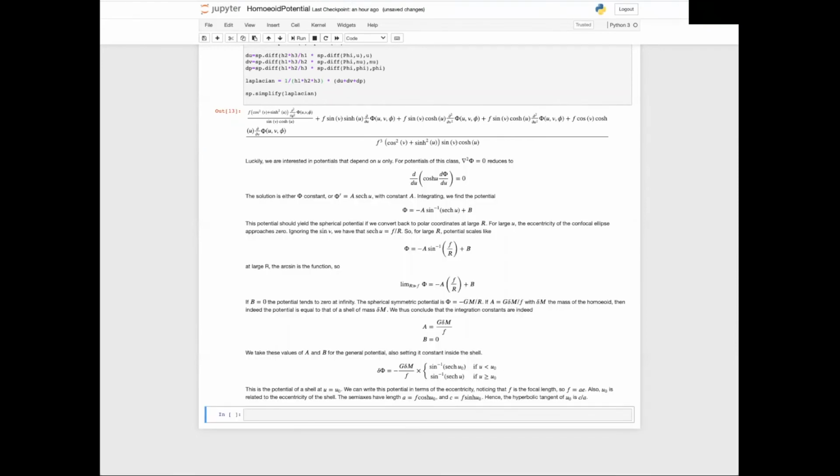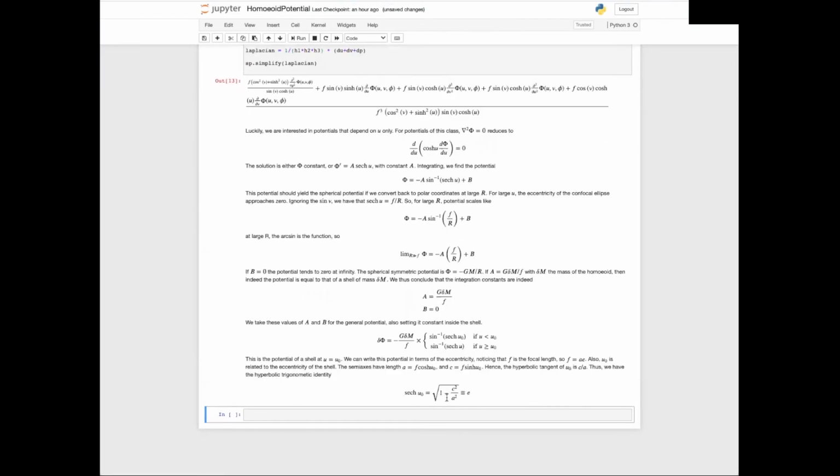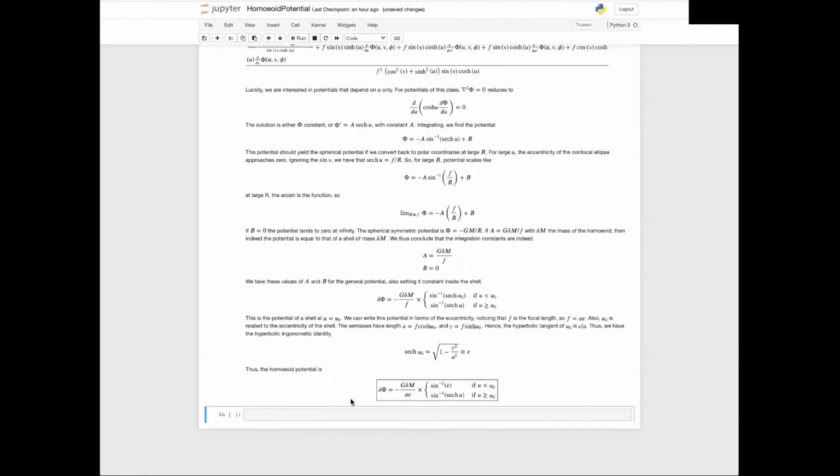Now, if you use the trigonometric identity between the hyperbolic tangent and the hyperbolic secant, that the square of one plus the square of the other is equal to 1, then I have this expression, the square root of 1 minus c squared over a squared, which is the eccentricity. So this is a simple expression for the homoeoid potential, G times the mass over semi-major axis times eccentricity, times the arcsine of the eccentricity of the homoeoid for the potential inside, so that's a constant.